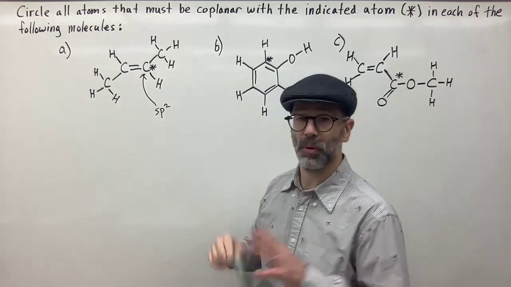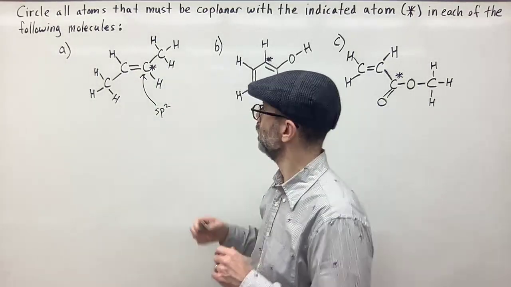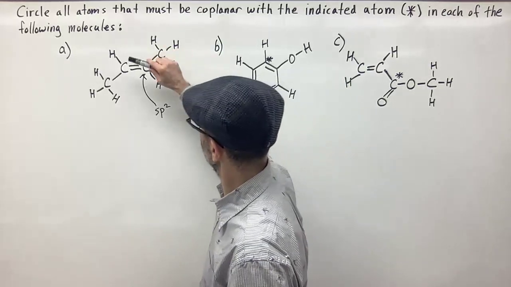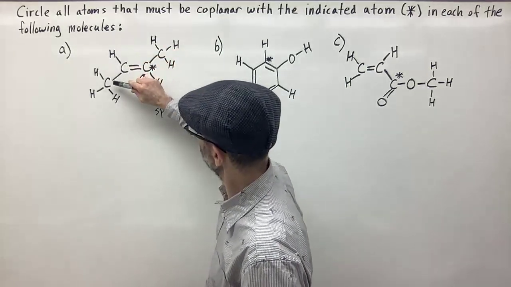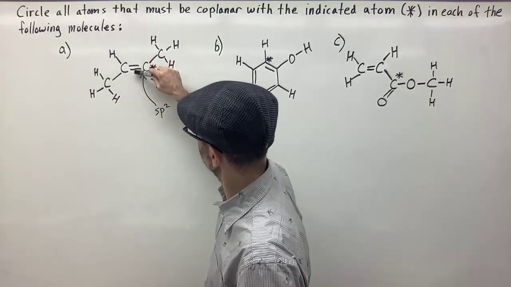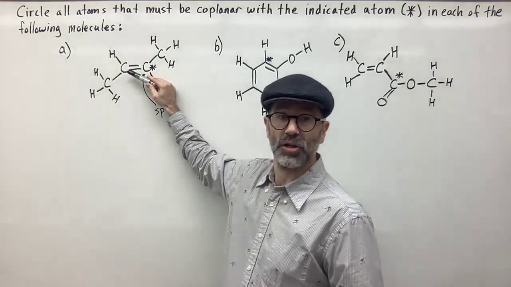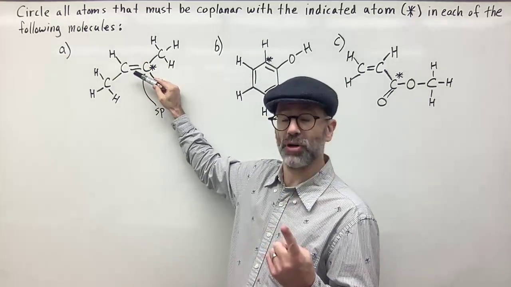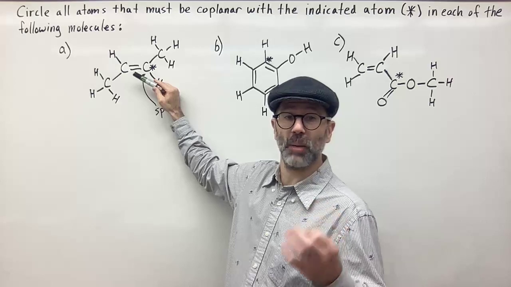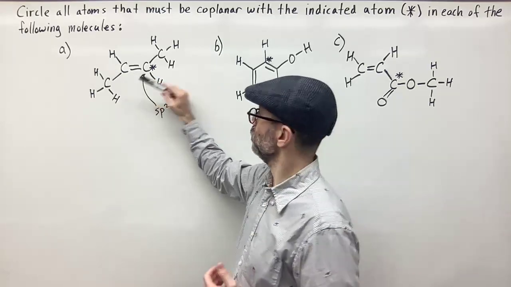Now, can we broaden that? Are there other atoms that must be in the same plane? If we look at this carbon here, this carbon also has 3 total electron groups around. Remember, your double bond is considered 1 electron group, not 2. Single, double, and triple bonds are considered 1 electron group.